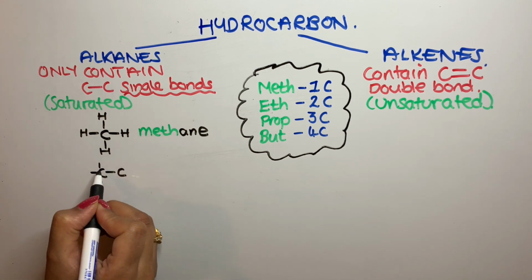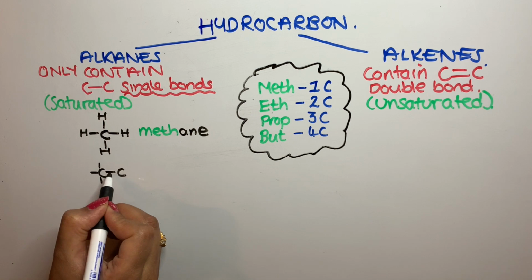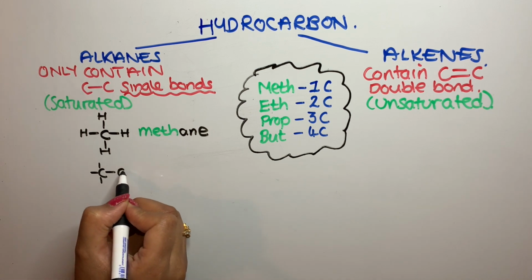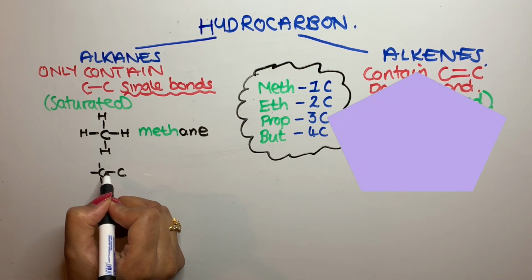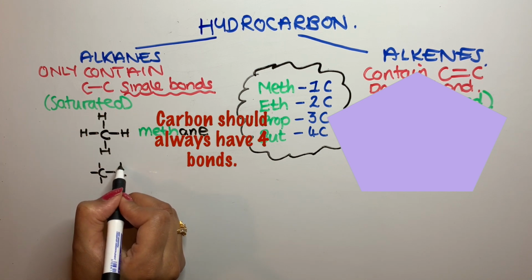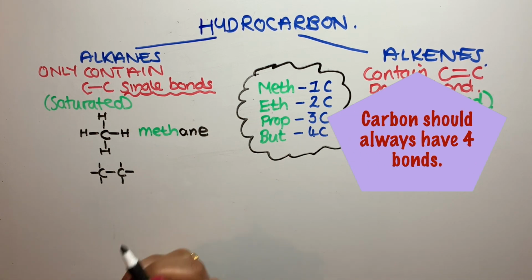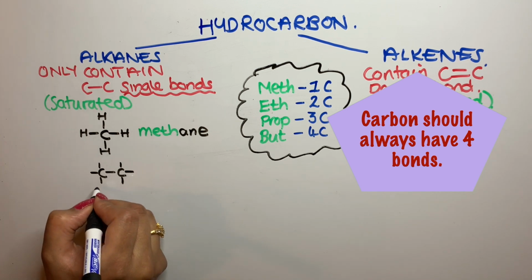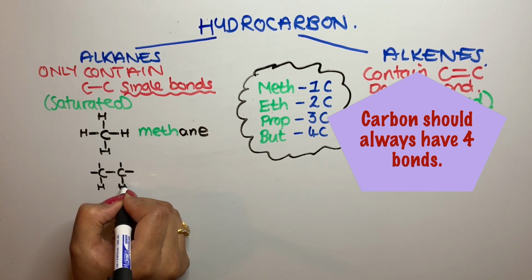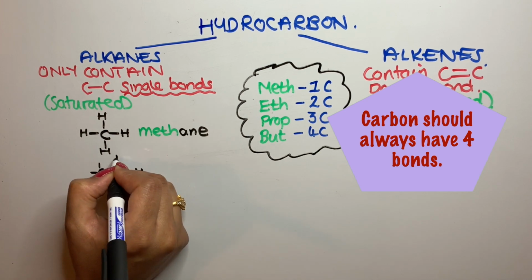So altogether, now I have my 1, 2, 3, 4. Then I do the same with my second carbon atom. I have 1 bond there already, so I have 2, 3, 4. So now that's good. Each carbon atom has 4 bonds, and those carbons are bonded to hydrogens.